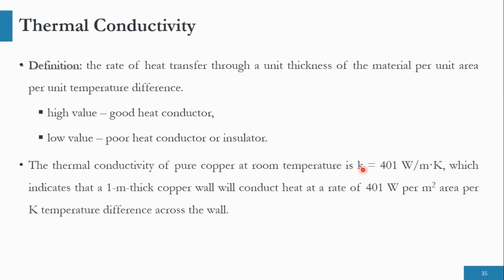If we say K is equal to 401 watt per meter per Kelvin, that means that a 1 meter thick copper wall will conduct heat at a rate of 401 watt per square meter area per Kelvin temperature difference across the wall. So this is how we define thermal conductivity.